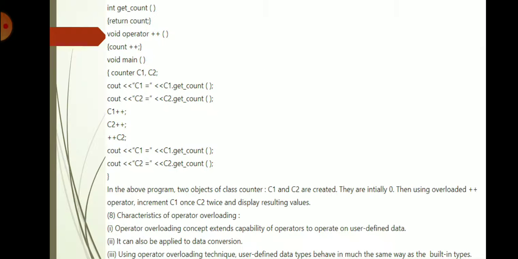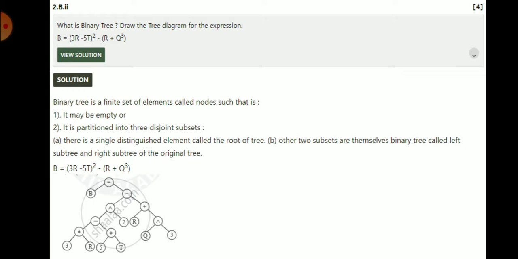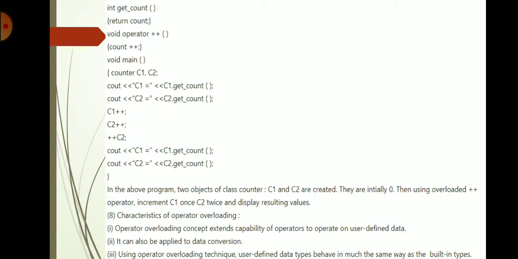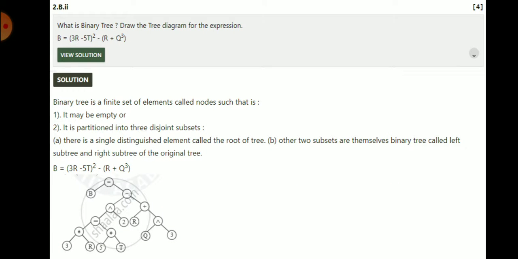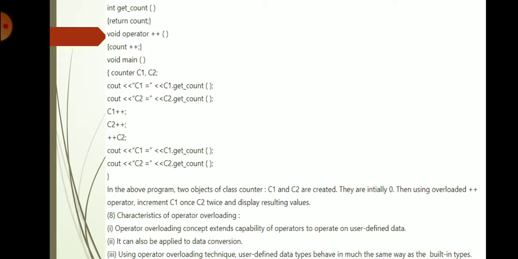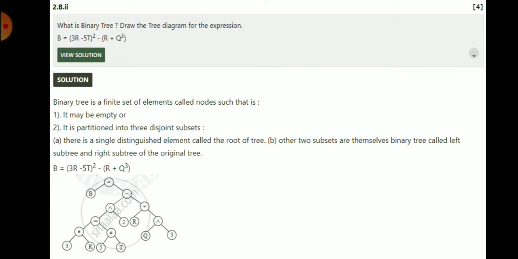Then the minus and the 2 are subtrees, then plus with R and the Q symbol is a subtree, then minus is a subtree, star is a subtree, then star is the root with 3 and R as subtrees, star is a subtree with 5 and T. Then the symbols are mathematically performing, then the root and subtree is Q and 3, an expression being solved.